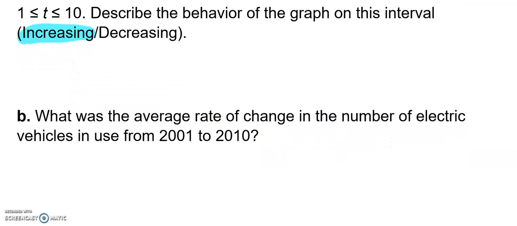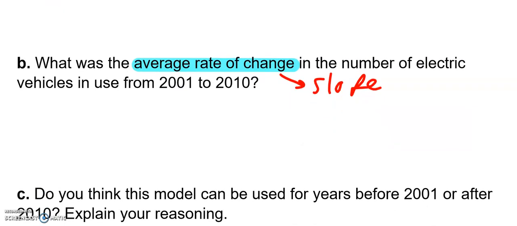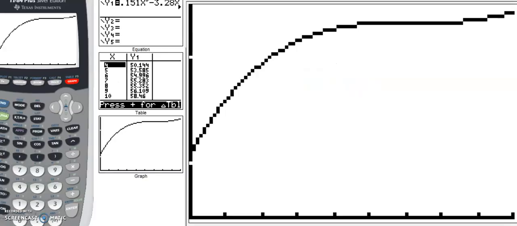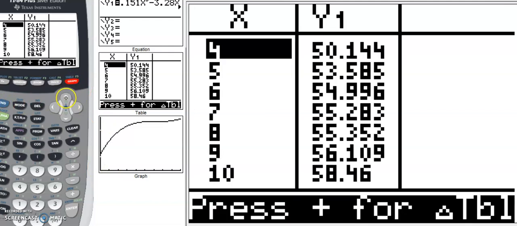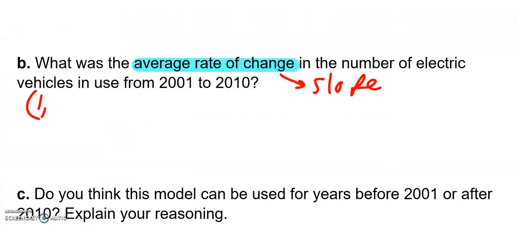Next question, what is the average rate of change? Using techniques that we know so far in this class, this is just another way of saying slope. So I'm going to find values, and I know I have a point that is 1 comma 18.581.